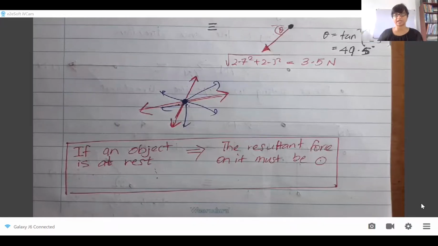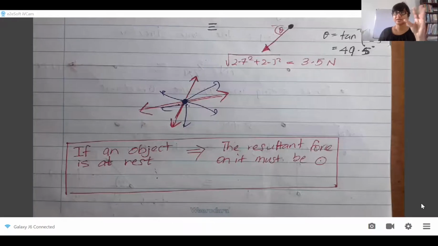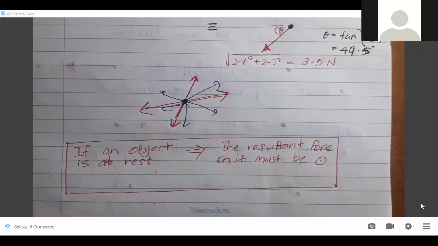Then what would happen? Then it's moving, but not at a constant velocity. It would be definitely moving. If not at a constant velocity, what would that be? Acceleration. That's the complete Newton's first law.